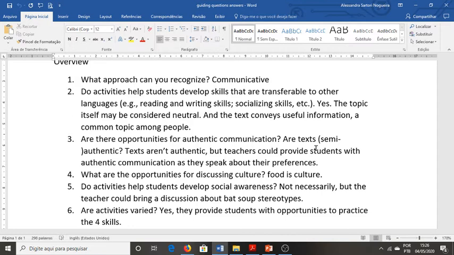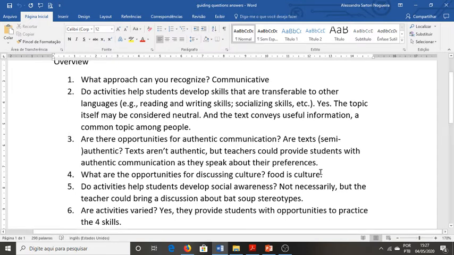For example, a newspaper is an authentic text, or the news in general, you know, CNN.com is an authentic text. And if you create a text only for pedagogical reasons, it's not authentic. And Graves calls semi-authentic texts the ones that were originally authentic, but then they're used in a textbook. So the author calls it semi-authentic text.